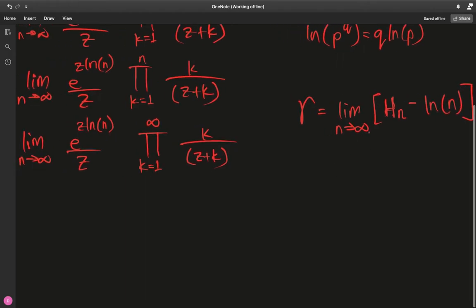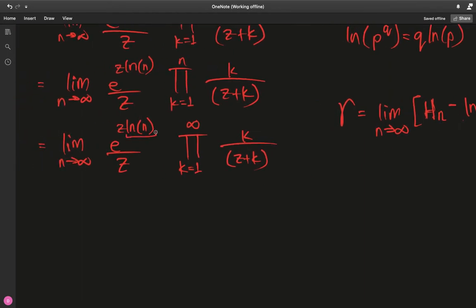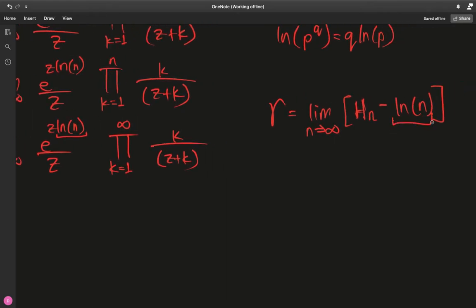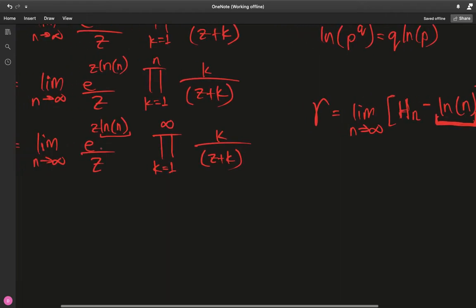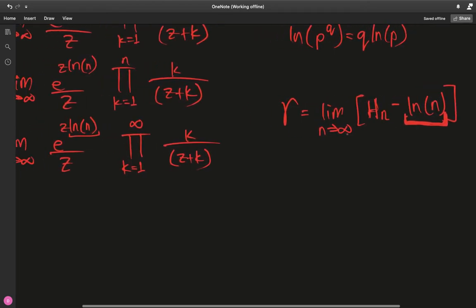So notice that we had the limit as n goes to infinity of natural log of n over here, in the exponential, and also in this definition of the Euler-Mascheroni constant.